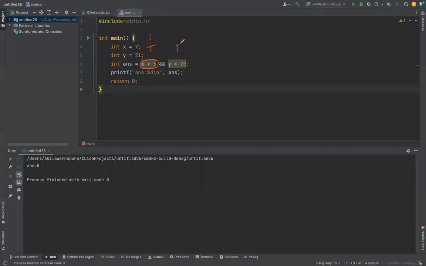The condition is false. False means output 0. Now you use the AND operator: 1 and 0. Remember that for the AND operator, both sides should be 1 in order to output 1. Now one side is false, that means one side is 0, therefore the output is 0. So this 0 is assigned to the answer variable. That is why the answer is 0.